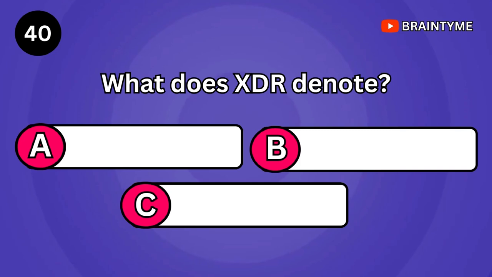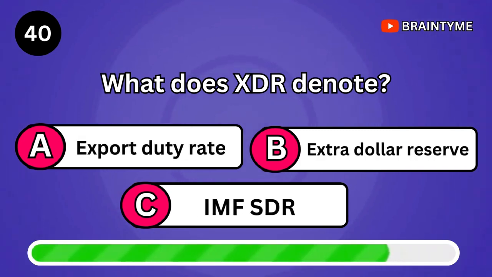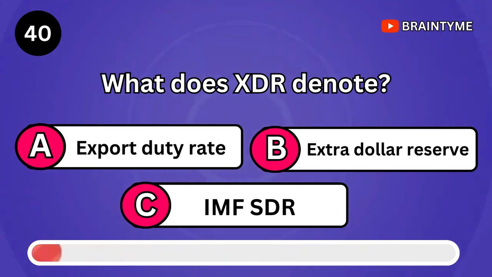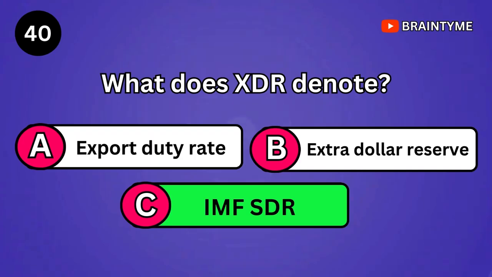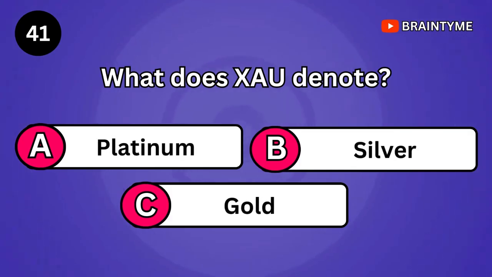What does XDR denote? IMF special drawing right. What does XAU denote in ISO 4217?